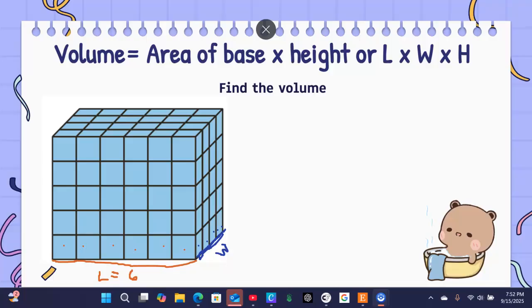Let's make sure we only have 4 dots there so no one is confused. So that would equal 4. And now we have our other side, which is vertical, and that would be the height. And let's count our boxes. 1, 2, 3, 4, 5.